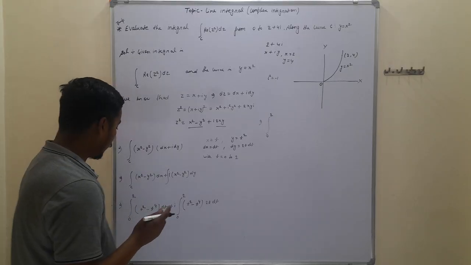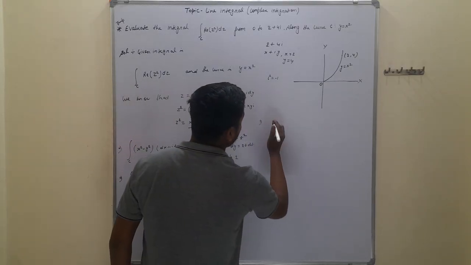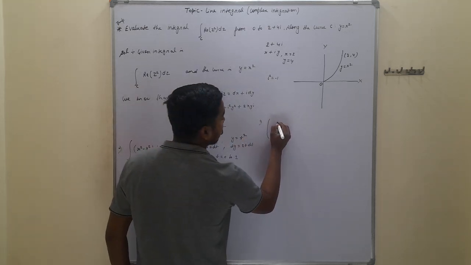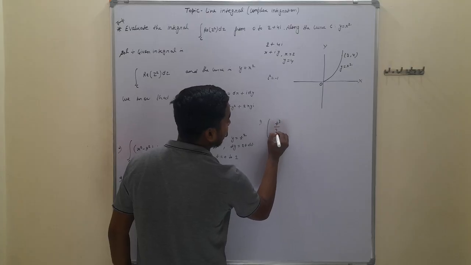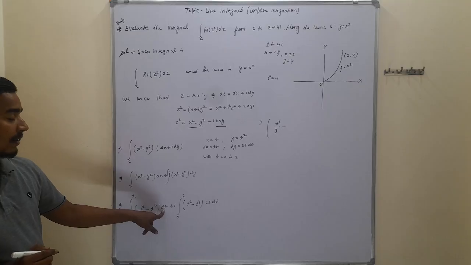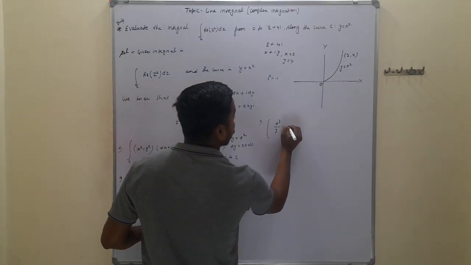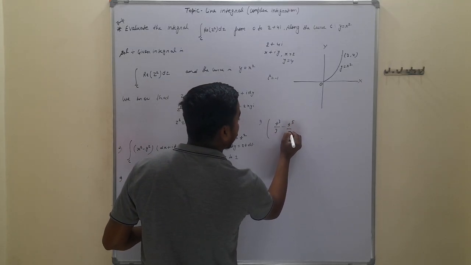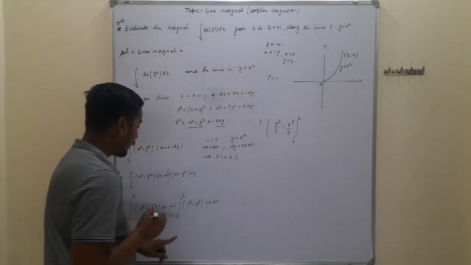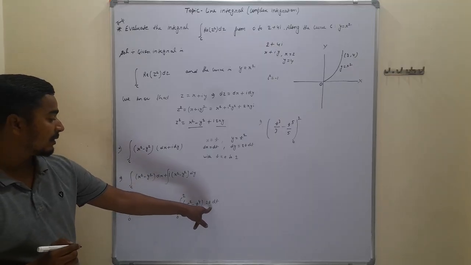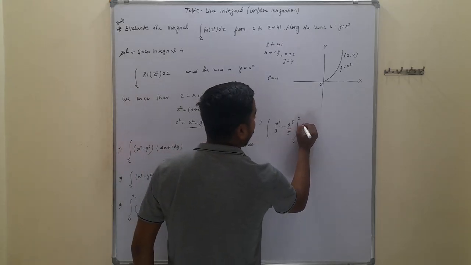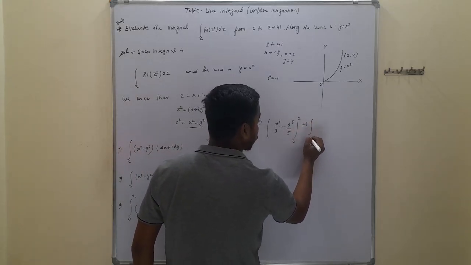Integrating the first integral, t square dt gives t cube upon 3, minus the integral of t to the power of 4 dt, which gives t to the power of 5 upon 5, putting the limit 0 to 2. The second integral we multiply with t, giving plus i times the integral from 0 to 2.